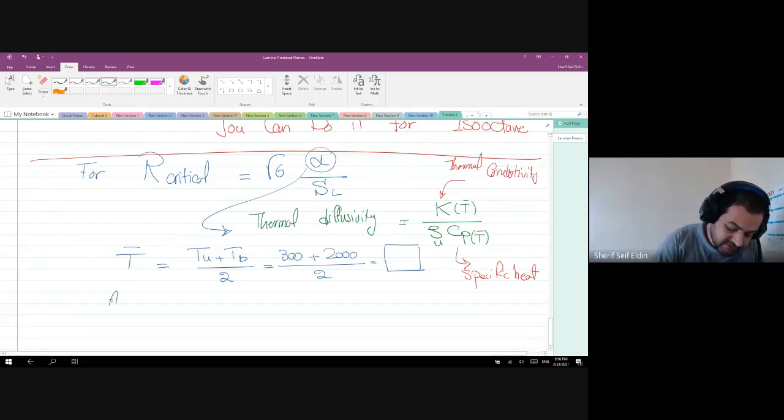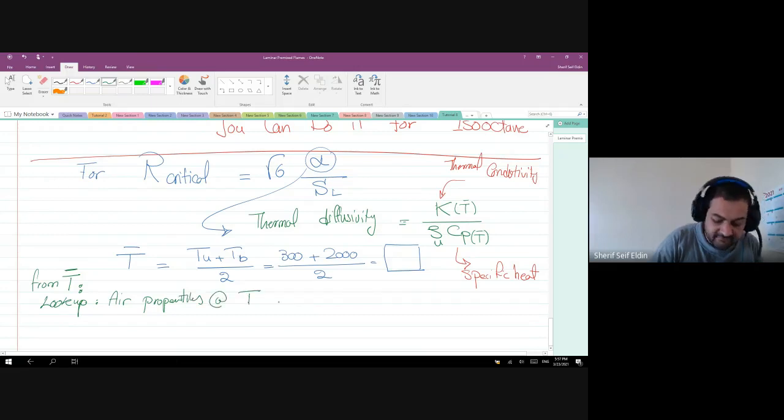You're going to use this temperature, look up air properties at T average, and get K and get Cp at T average.